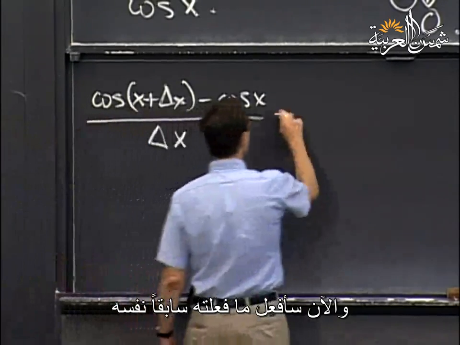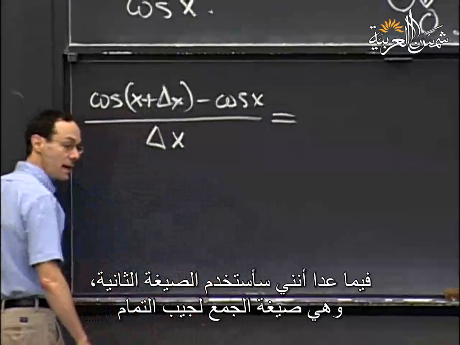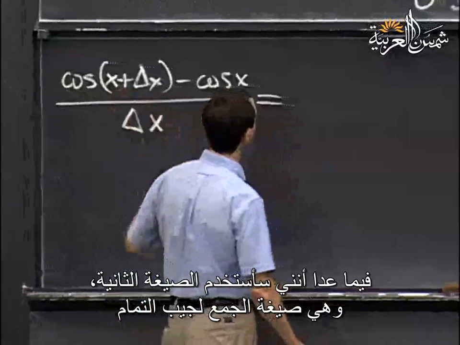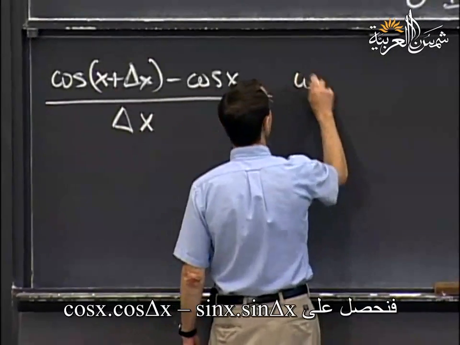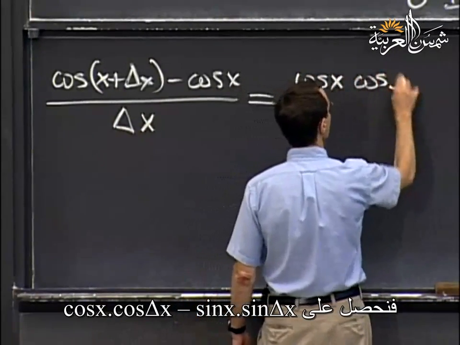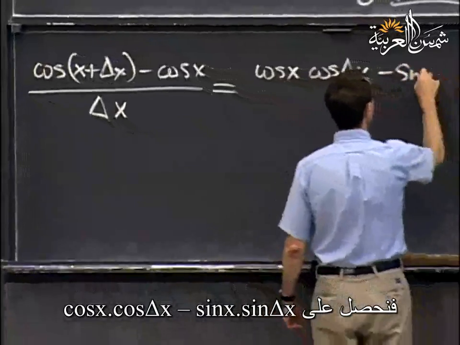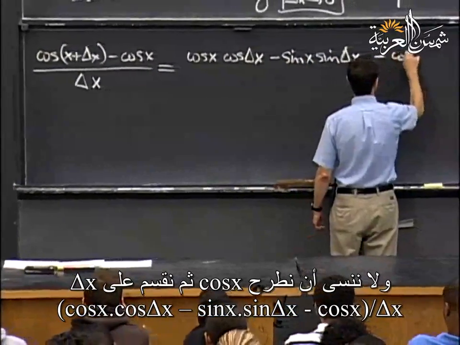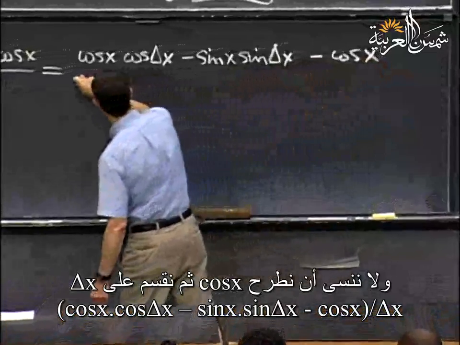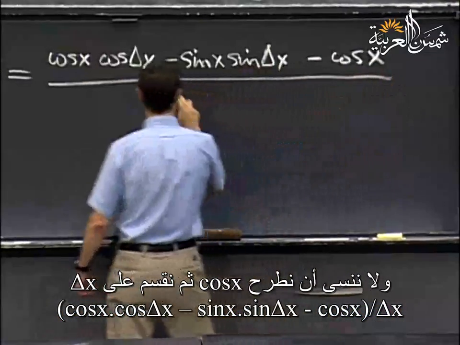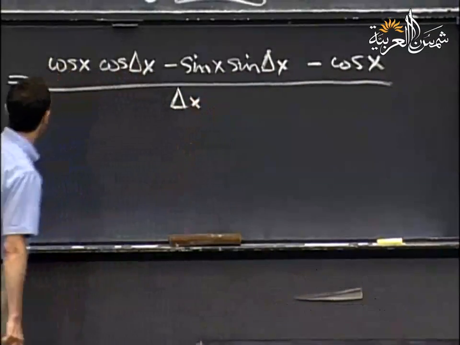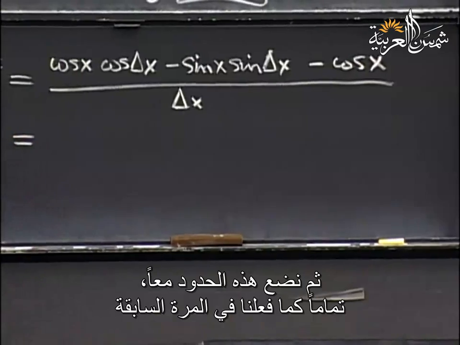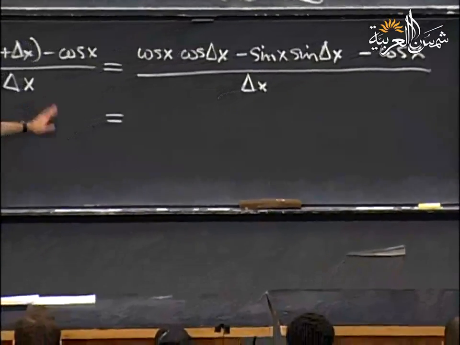And now I'm going to do the same thing I did before, except I'm going to apply the second rule, that is the sum rule for cosine. And that's going to give me cosine x cosine delta x minus sine x sine delta x. And then I have to remember, again, to subtract the cosine x, divided by this delta x. And now I'm going to regroup just the way I did before.